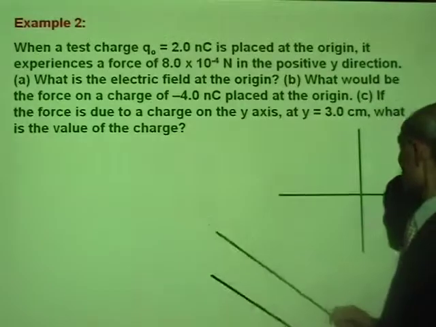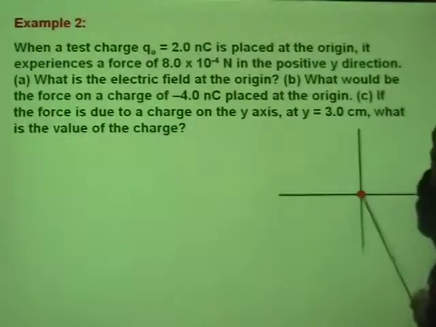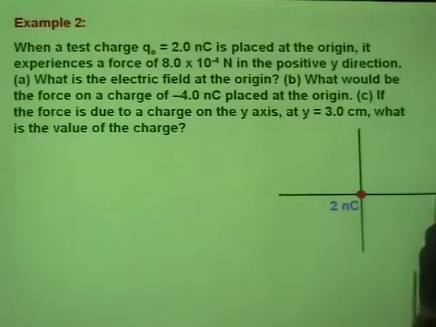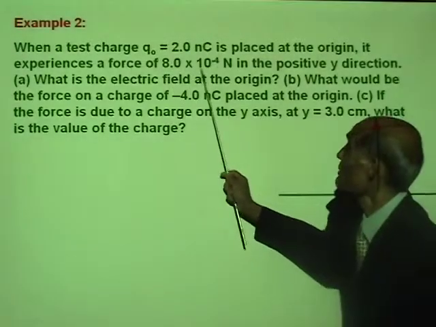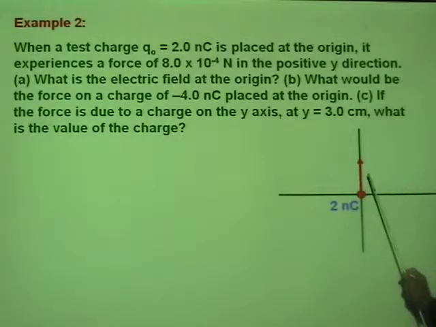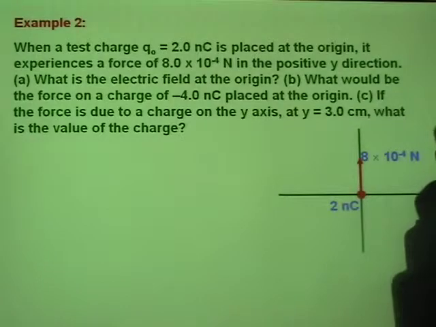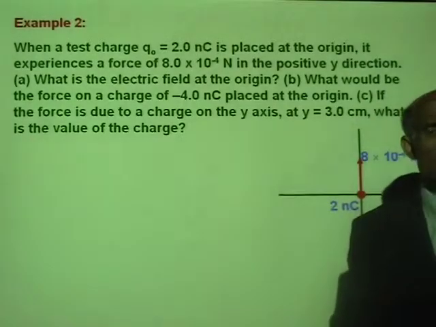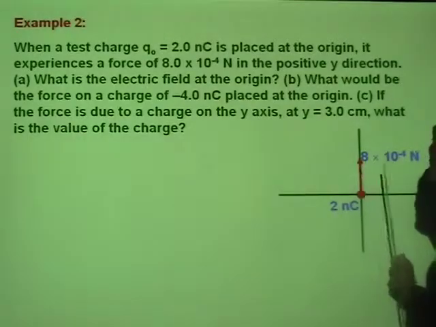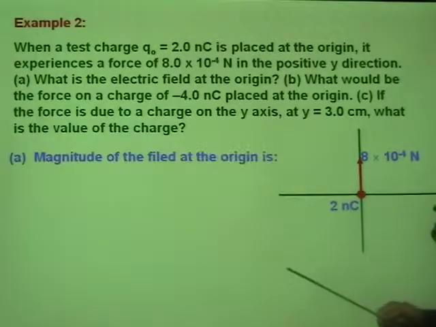Alright, let's draw that picture. Here is the origin, and we place a test charge of 2 nanocoulomb at the origin, and we are told it experiences a force of 8 times 10 to the negative 4 Newton. That's right. This is the force it experiences. Now, do you recall what is the relation between the force experienced by a charge and the electric field in which the charge is placed?